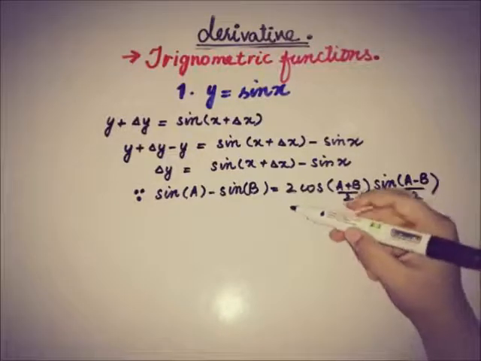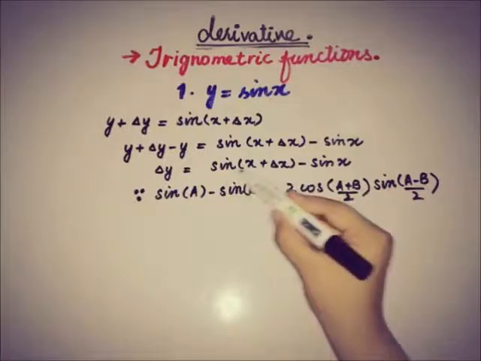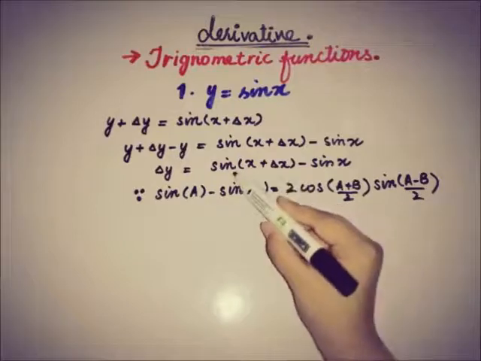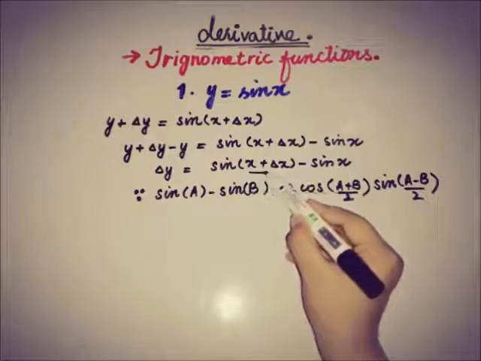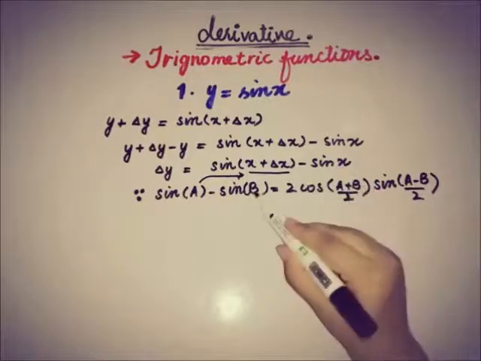This is the very basic formula. So we will use this formula to evaluate this whole thing, taking A as x plus delta x and B as x.